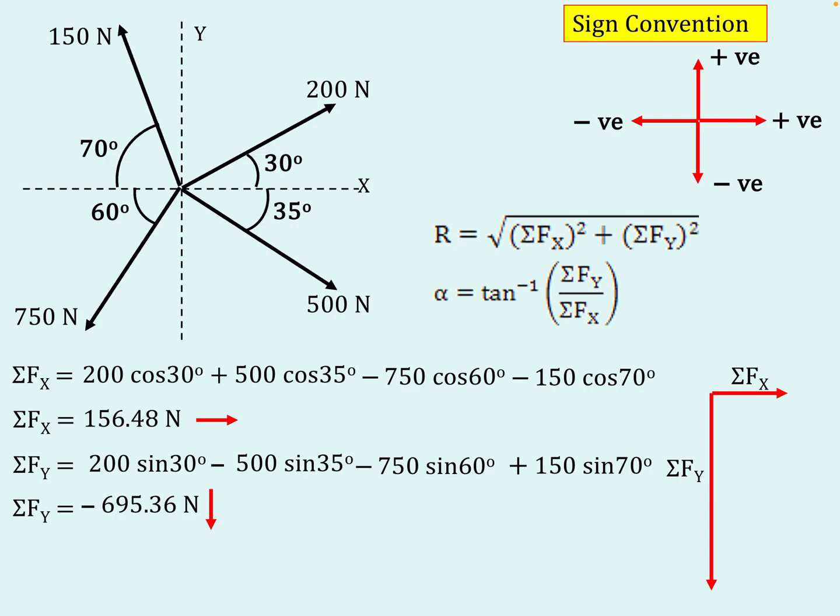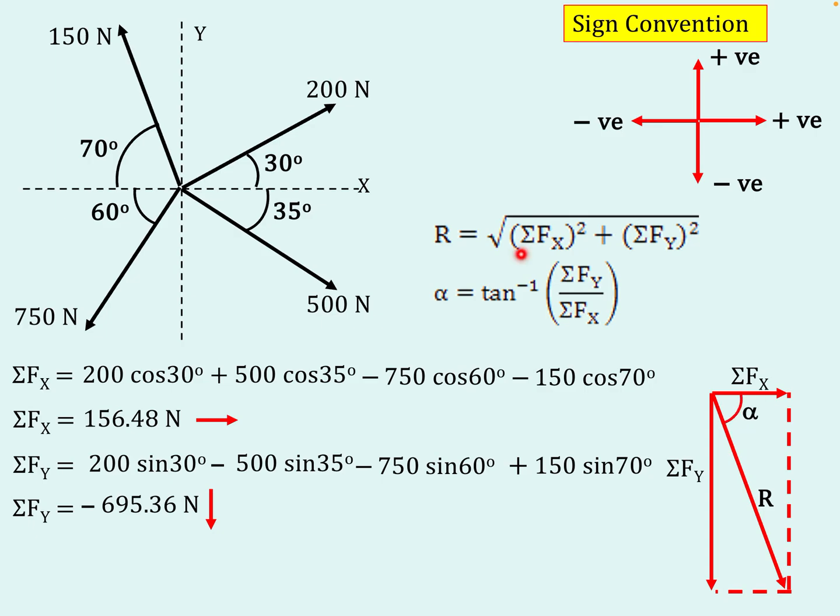Now complete the parallelogram with these two as adjacent sides, and this is the point of origin or point of application of all the forces. Through this point, mark the diagonal, which is nothing but the resultant, and the angle made by the resultant with the horizontal or x direction is alpha.